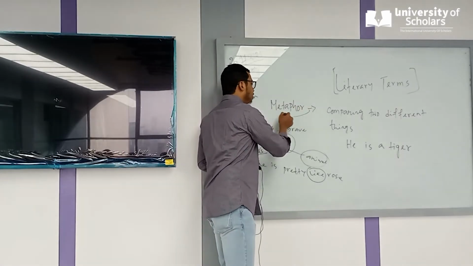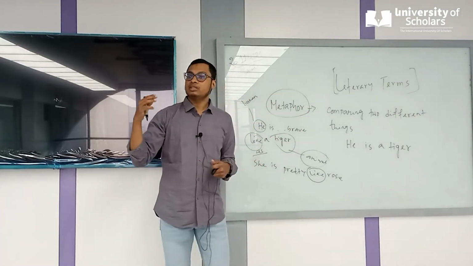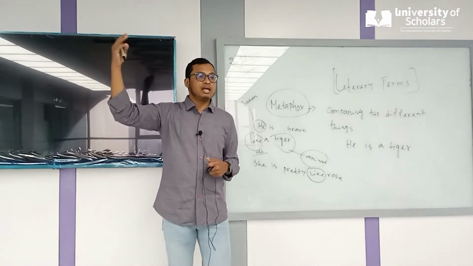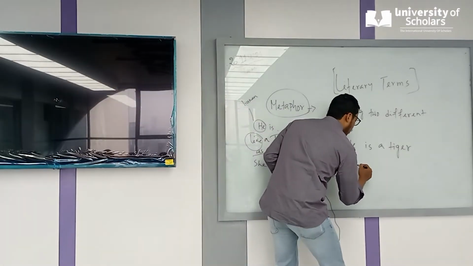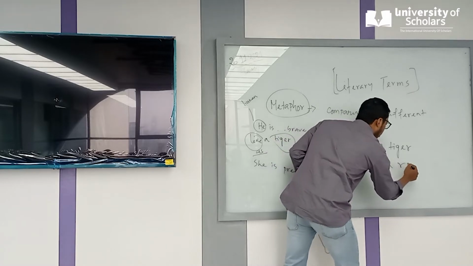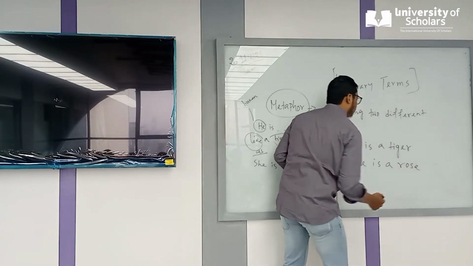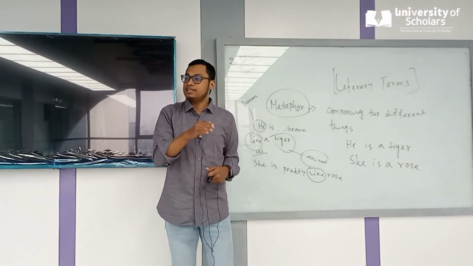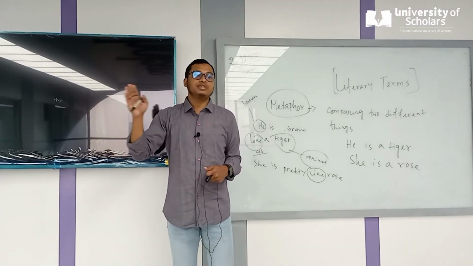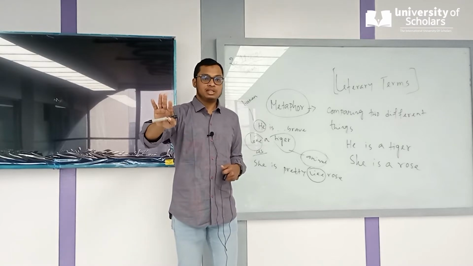Now metaphor means when you're imposing someone's quality on something directly. Like if I say that she's a rose. I'm just telling it directly. Before that, what did I say? She's like a rose, right? Now I'm saying she is a rose.